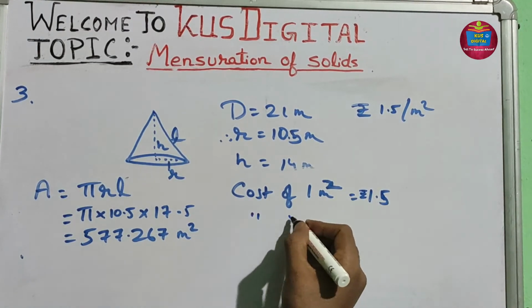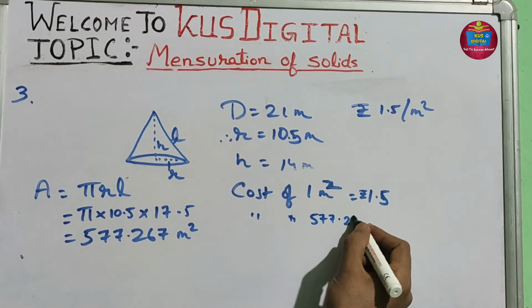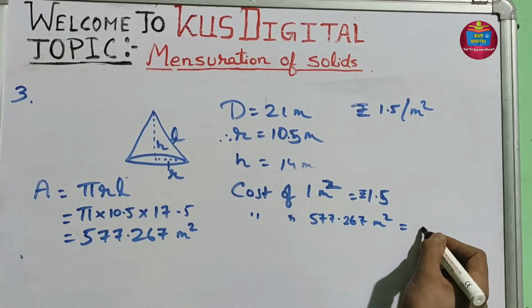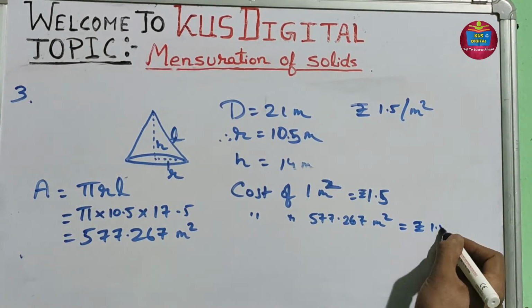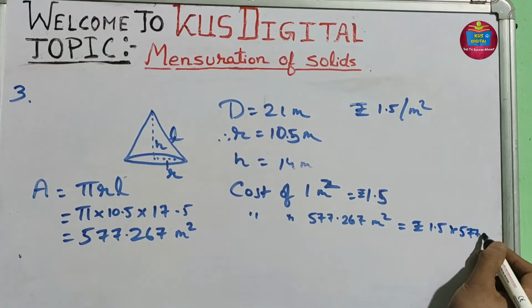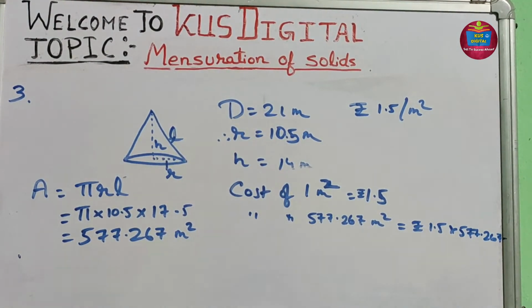So cost of 577.267 meter square equals to rupees 1.5 into 577.267.